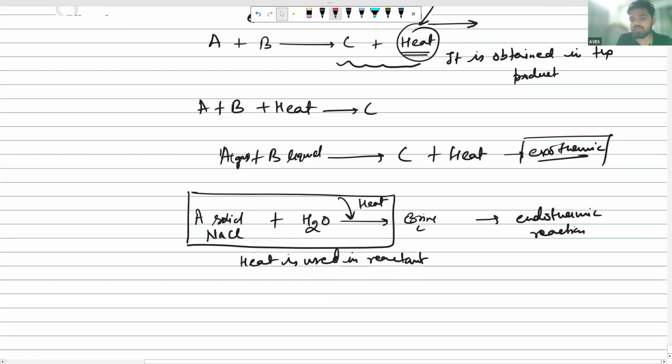Okay, let's move further. We were just moving towards Henry's law. Just a minute.